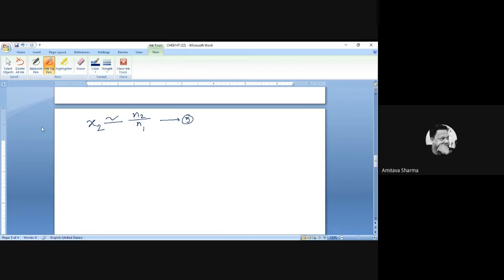So now we can write, on using the expression, n2 equals m2 by M2, that is weight divided by molecular weight, that you know is the mole number, and n1, the number of moles of solvent, is V by V1m, the molar volume of the solvent.